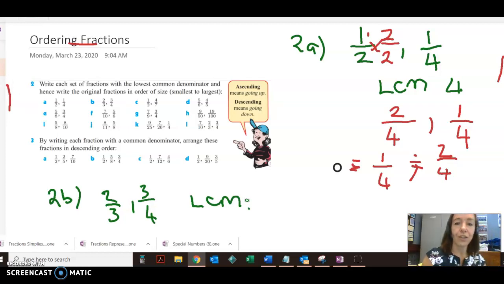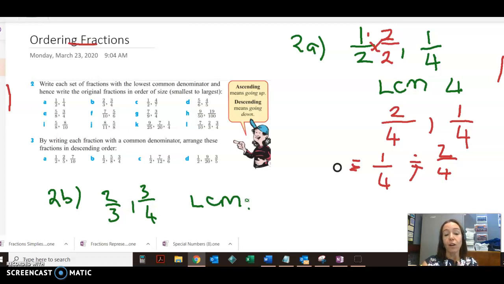So we have looked at 2a, now let's look at 2b. So 2/3 and 3/4. We've got 3 and 4 as my denominators. What is my lowest common multiple of 3 and 4? Often the easiest thing to do is go through the lowest times table, so 3, until I find something in my 4 times table as well.